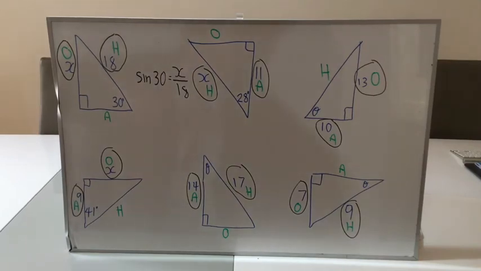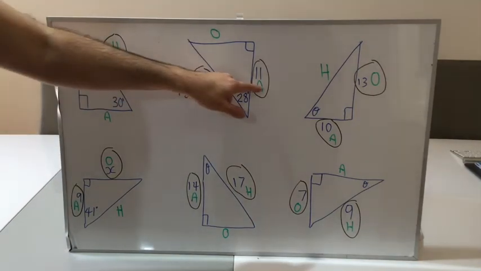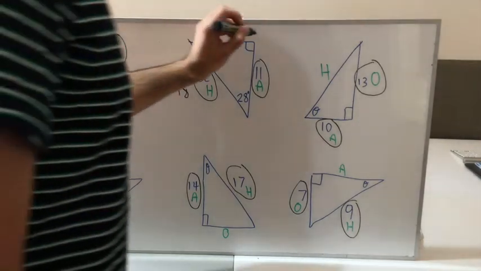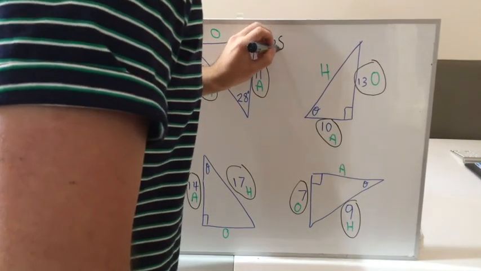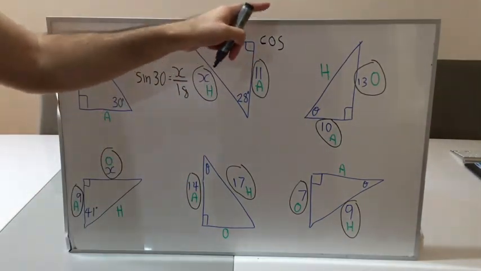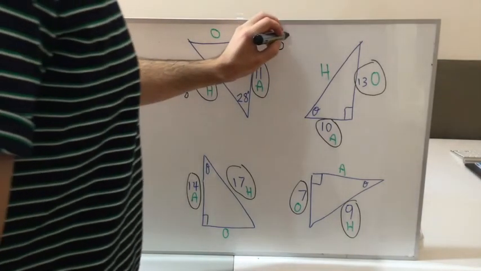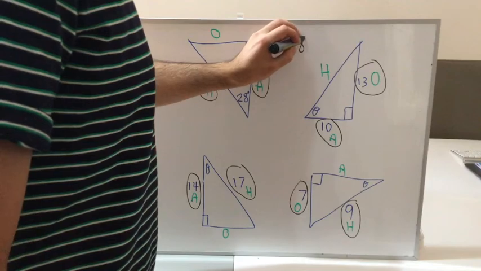Okay, for the next one, I've circled A and H. So have a look at your SOHCAHTOA again. A and H. Well, that's in the middle with the C. So I'm going to write down cos. Next to the word cos, what do you always have to write? The degrees, the angle. So you're going to write cos 28 degrees.